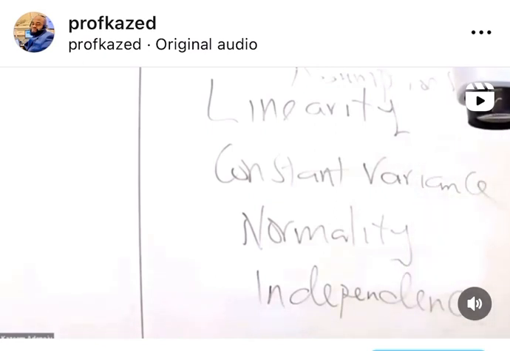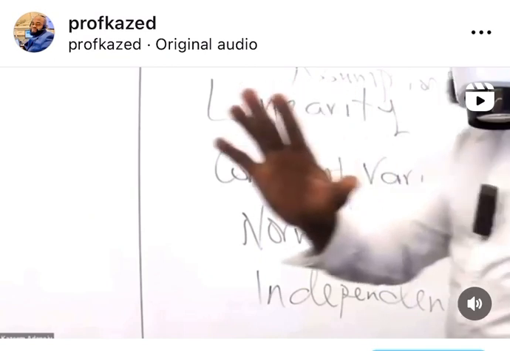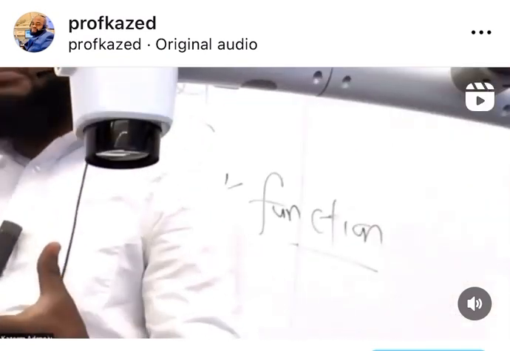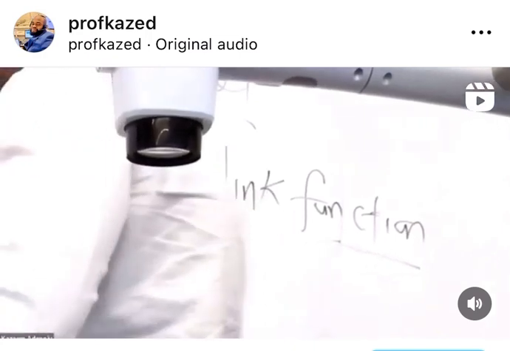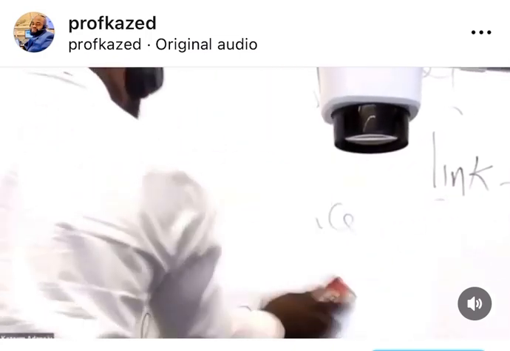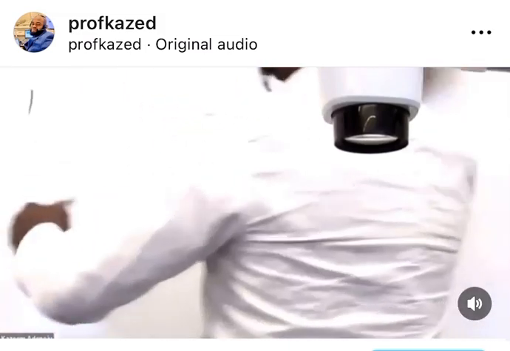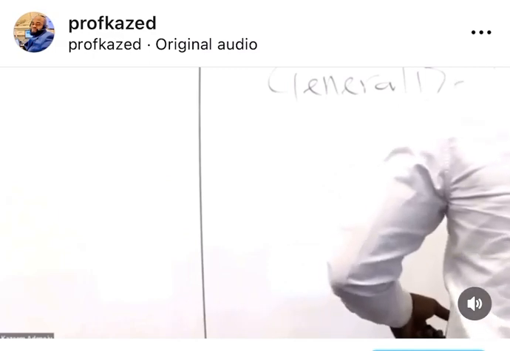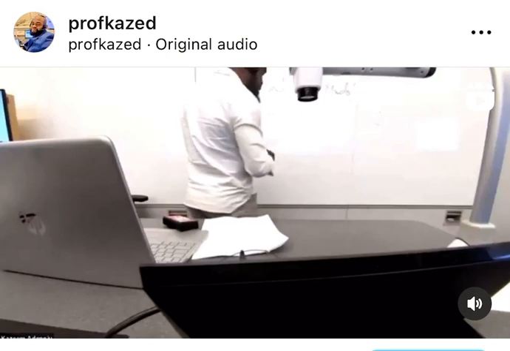And you know what a link function does, right? I'm going to tell you what a link function actually does. The link function transforms the probabilities of the levels of categorical variables. I'm going to write that now. I'm talking about the generalized linear model.